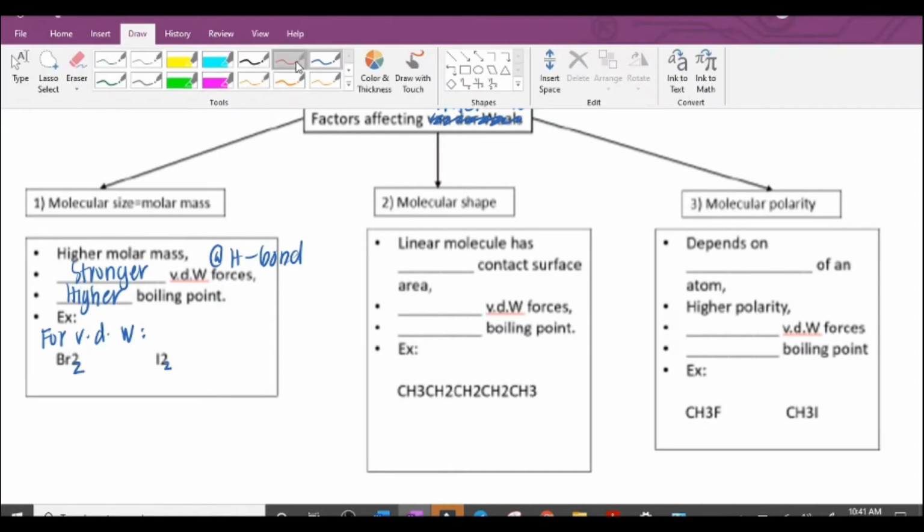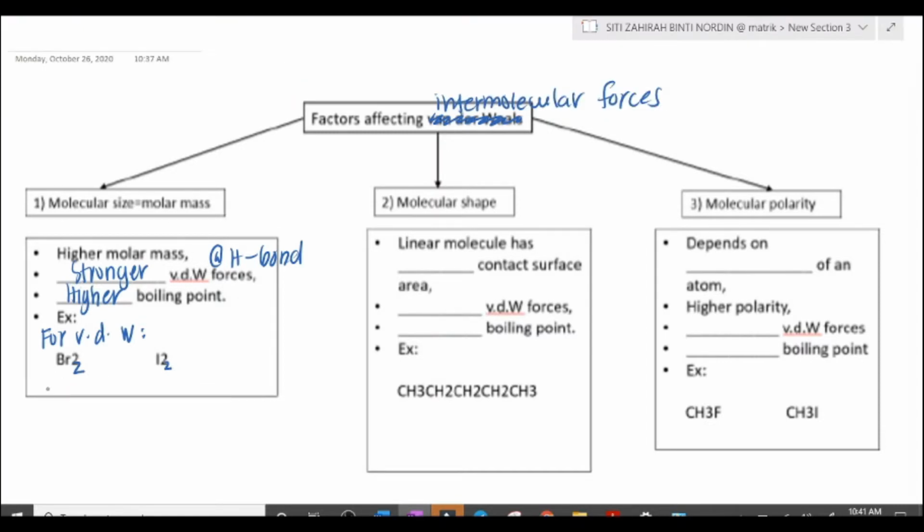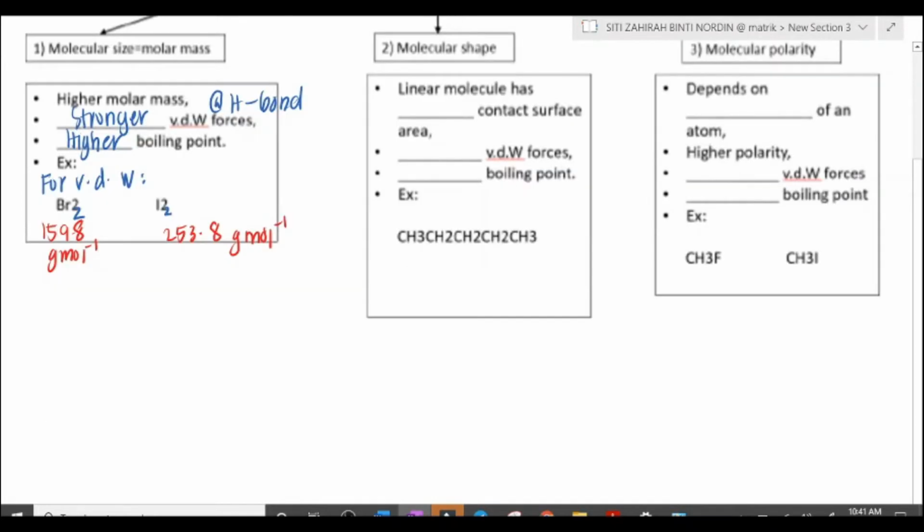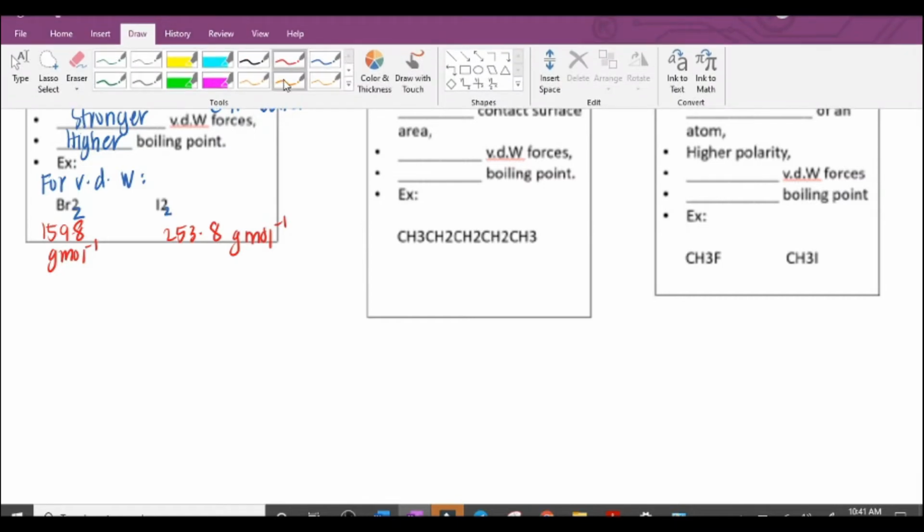First things first, you have to calculate the molar mass. For Br2, that would be 159.8 grams per mole. For I2, that would be 253.8 grams per mole.